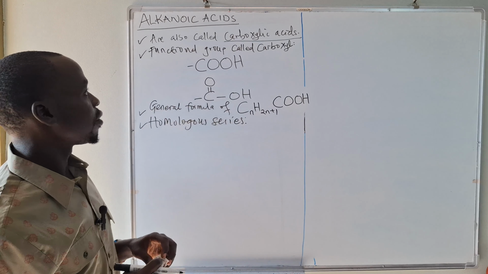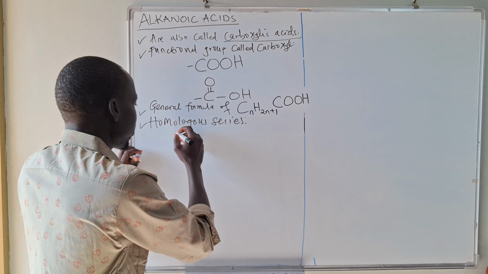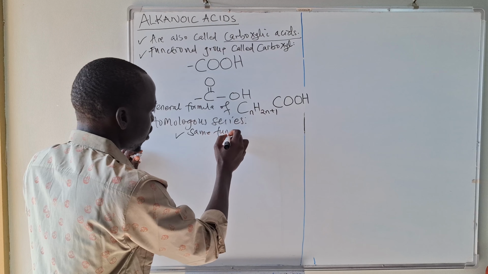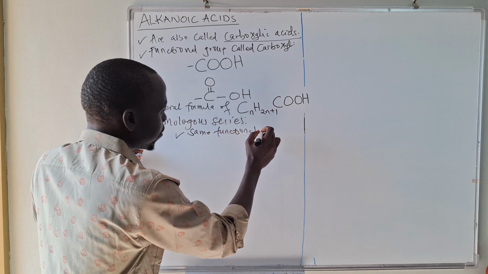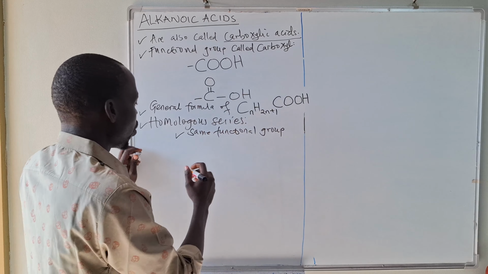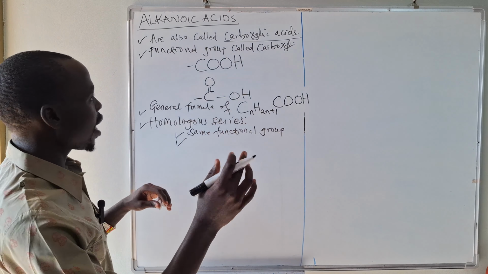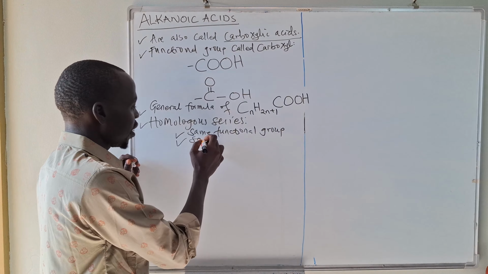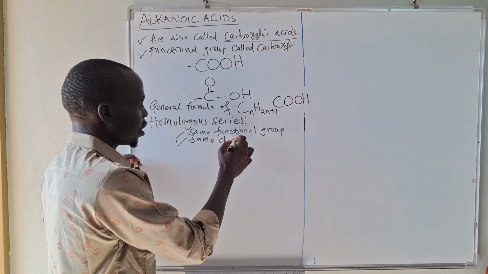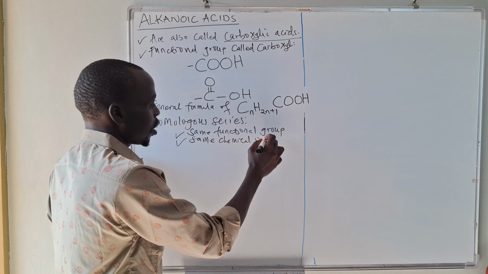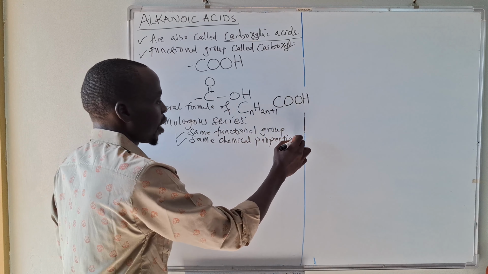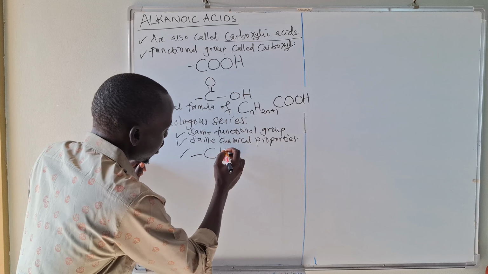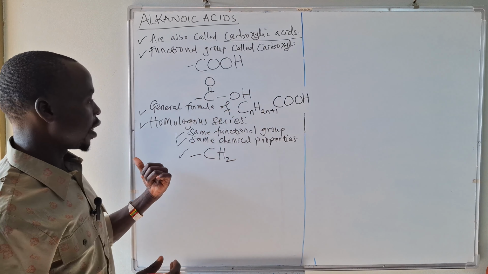One, if organic compounds form a homologous series, they have the same functional group. They also have the same chemical properties. And each member differs by CH2 from the next.